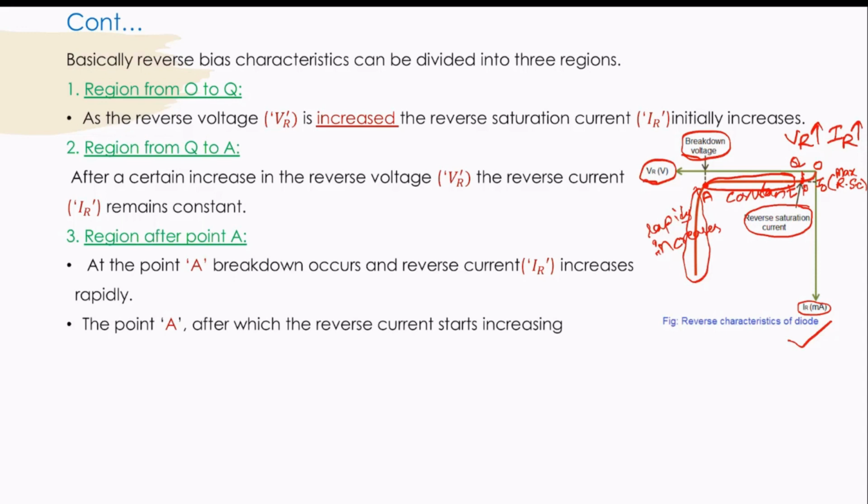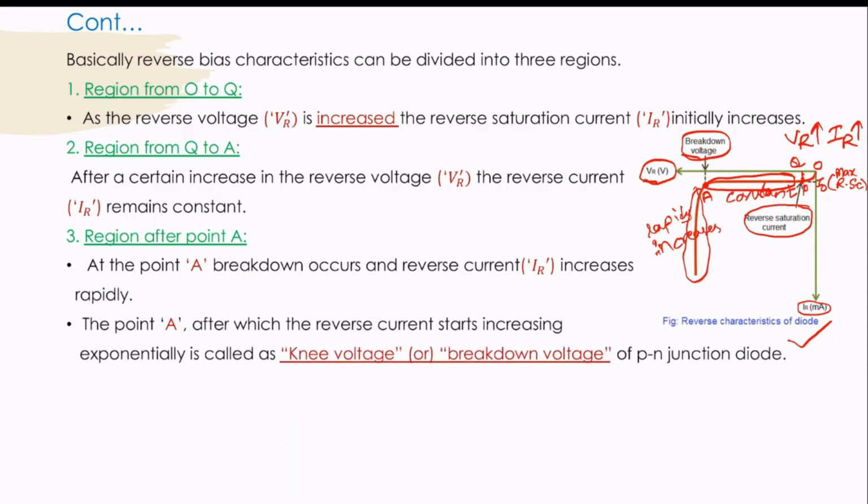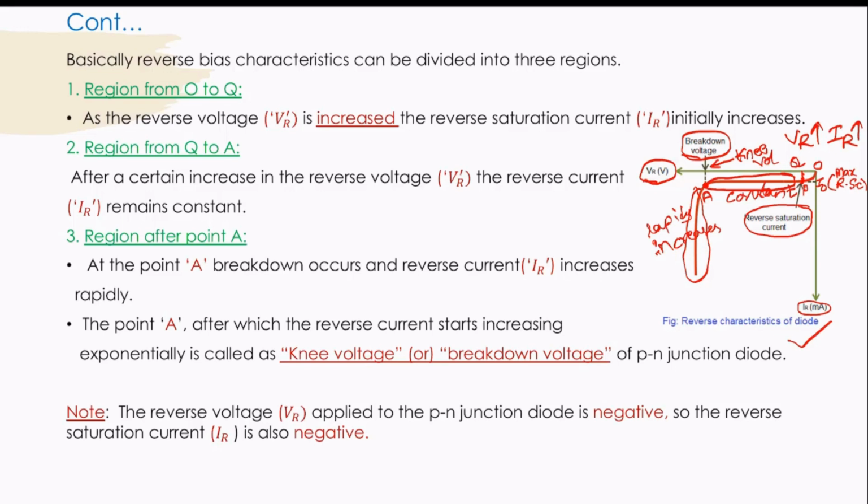The point A, after which the reverse current starts increasing exponentially, is also known as the knee voltage or the breakdown voltage of the PN junction diode. The point to be noted is that the reverse voltage VR applied to the PN junction diode is negative, so the reverse saturation current IR is also negative.